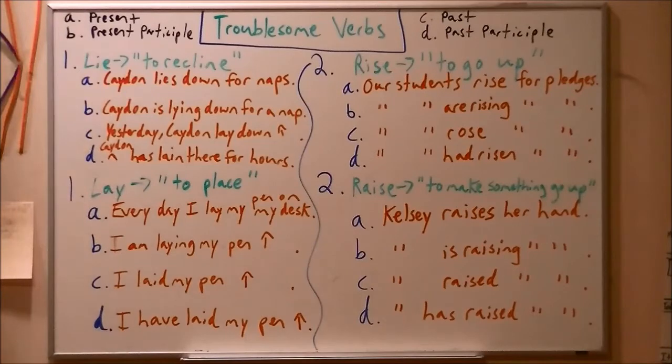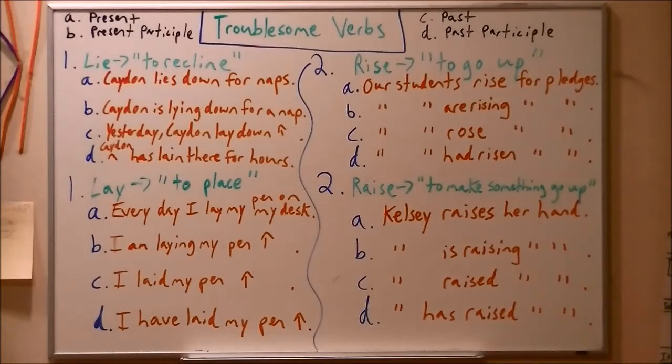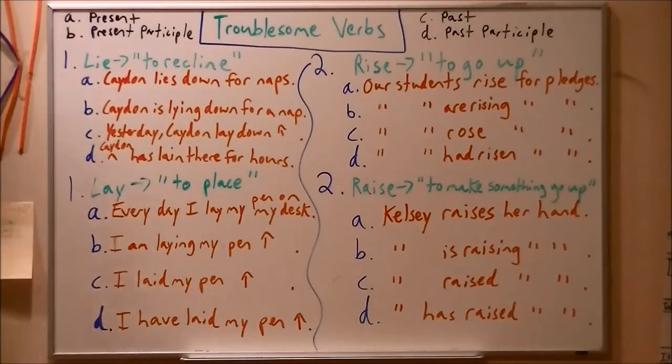Now, the difference between lie and lay. Lie means to recline, lay means to place. All right, we're going to use Caden for our example, number 1. For lie, Caden does not lay, not in the present tense anyway. Present tense, Caden lies, and we don't mean that he's telling naughty fibs. We mean that he's tired. Aww.